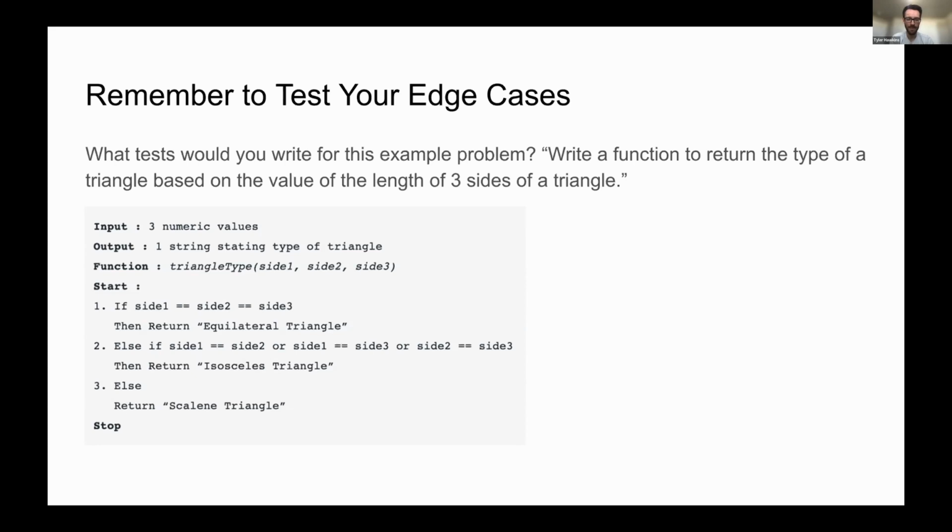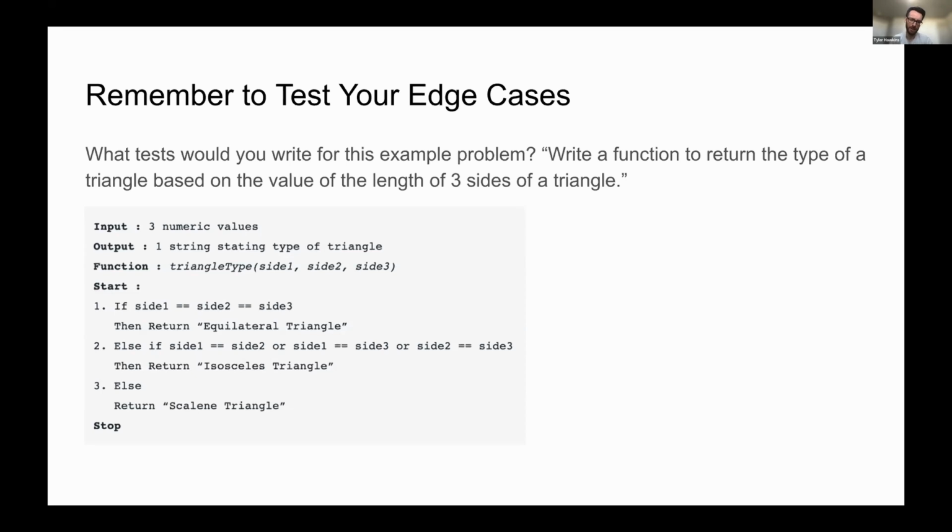Or if 2 sides are equal, so side 1 and side 2, or side 1 and side 3, or side 2 and side 3, then it's an isosceles triangle. Otherwise, if they're all different, it's a scalene triangle. So that's maybe a simplified version of the code that we might write for this function.